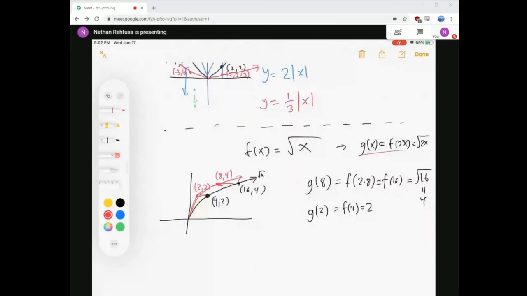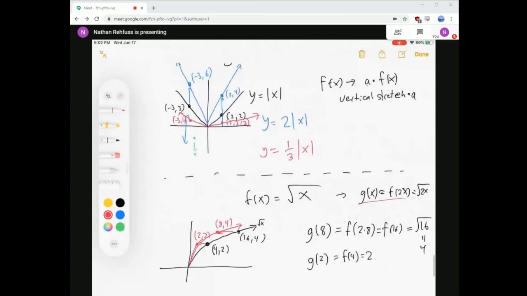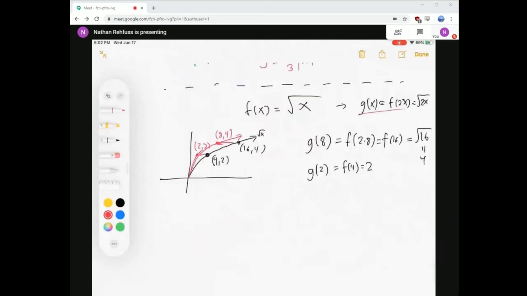So how would I stretch? And you probably guessed it. If I say h of x is f of 1/2 of x, then my money's only going to go half as far. So I know f of 16 is 4. So if I want to get a 4 out of h, I'm going to have to pay twice as much.